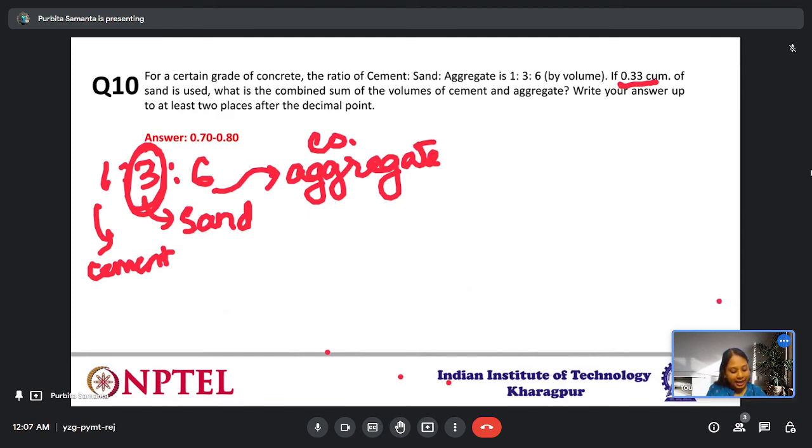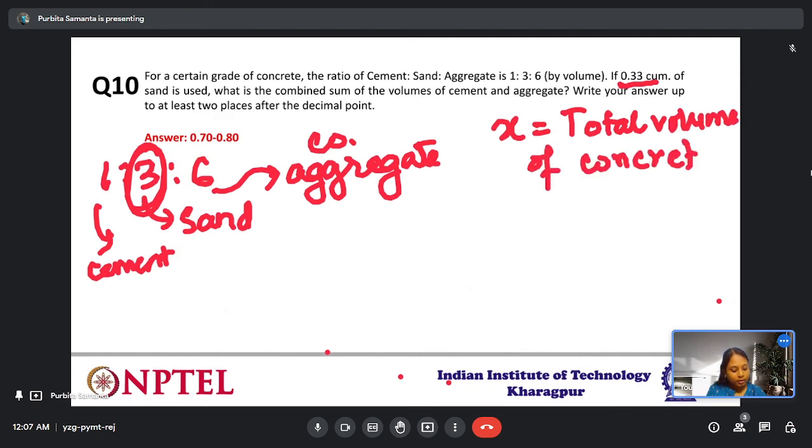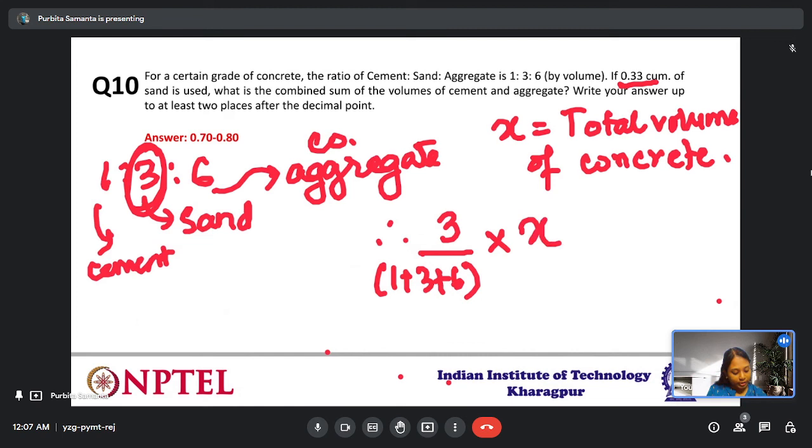So if we consider x to be the total volume of concrete, we can say that three parts of sand out of the entire 1 plus 3 plus 6 parts of the total volume of concrete is equal to 0.33. So we have 3 by 10 x is equal to 0.33.